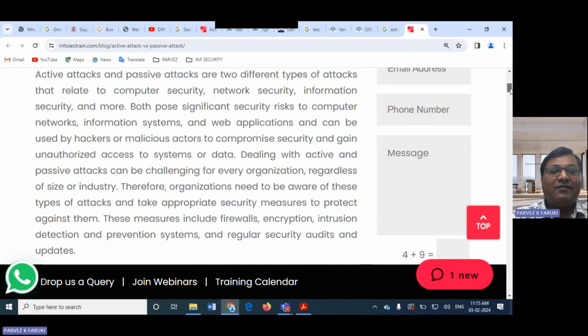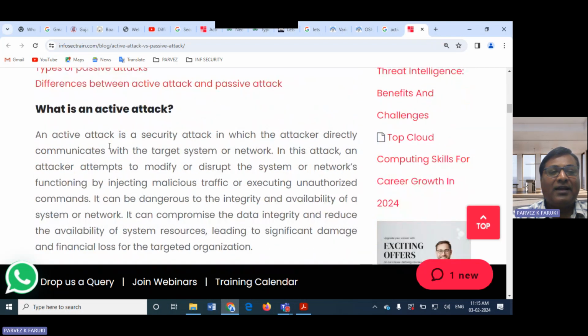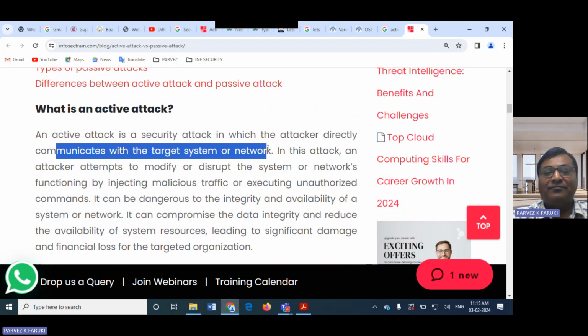So when we go to an active attack, let's see. An active attack is an attack where the attacker directly communicates with the target system.